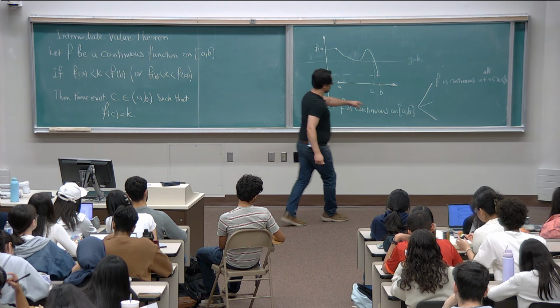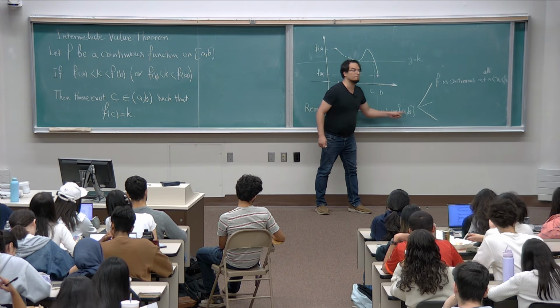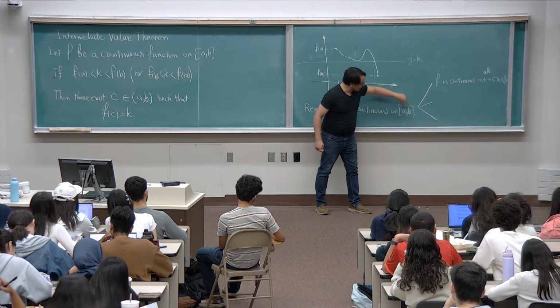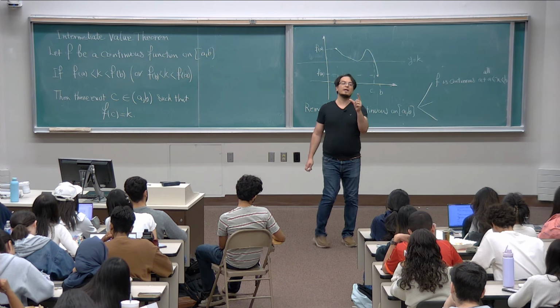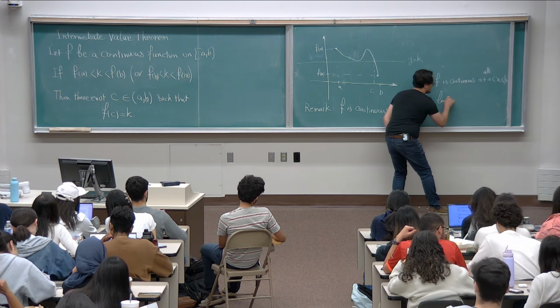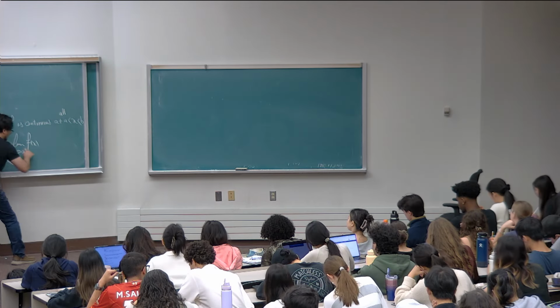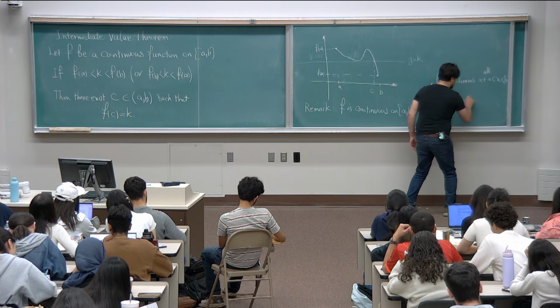I can approach A from the right-hand side, but there's no guarantee that I can approach A from the left-hand side. So when it comes to the end points, what I mean by continuity at the end points is one-sided continuity. As x approaches A from the positive side, from the inside of the interval, this is equal to f at A.